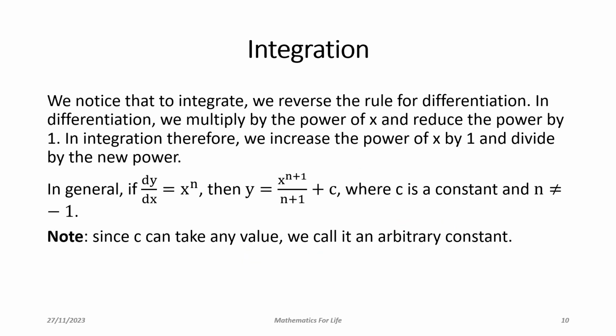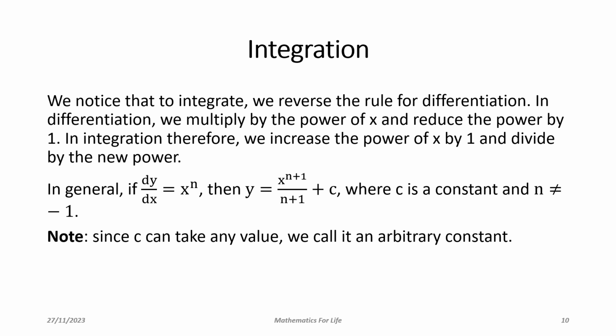From the examples already done, we notice that to integrate, we reverse the rule for differentiation. Remember, in differentiation, we multiply by the power of x and reduce the power by 1. Now, in integration, we increase the power of x by 1 and divide by the new power.